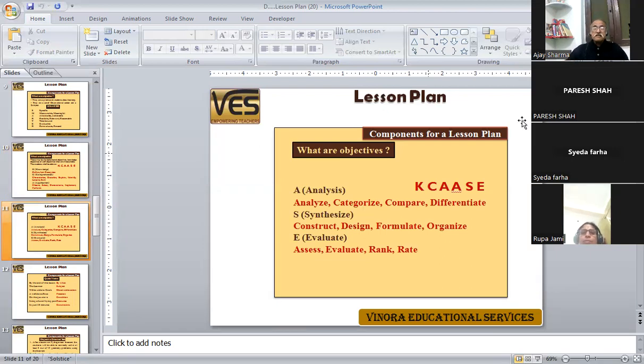Then next is synthesize: construct, construct a triangle, mark on the map, underline the verbs. Such type of things have to be there. They are synthesized. And then evaluate. That means assessment, evaluation, ranking, or rating. These are the things to be mentioned there.